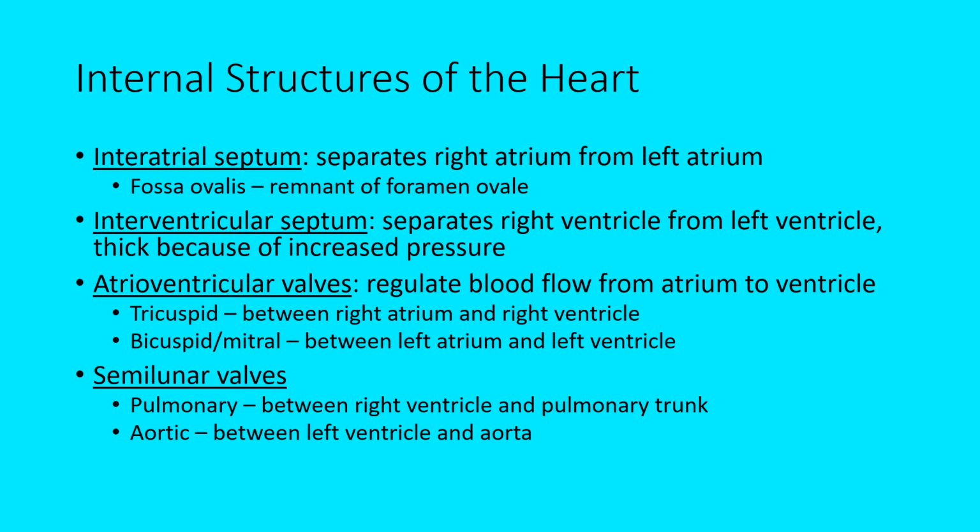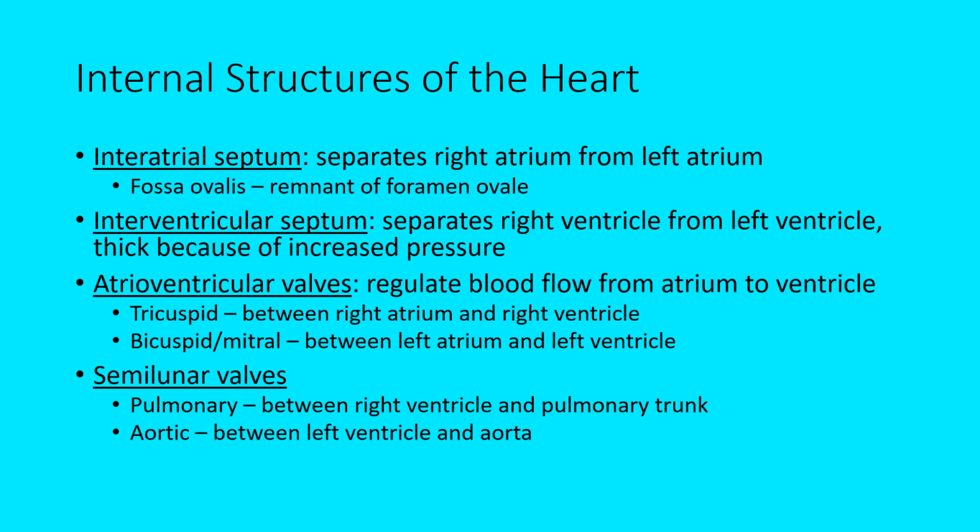The atrioventricular valves are the valves between the atriums and the ventricles. They are going to open and close at different points in the cardiac cycle, the pumping cycle. They regulate the blood flowing from the atriums down to the ventricles. The AV valves, specifically the tricuspid, is between the right atrium and the right ventricle.